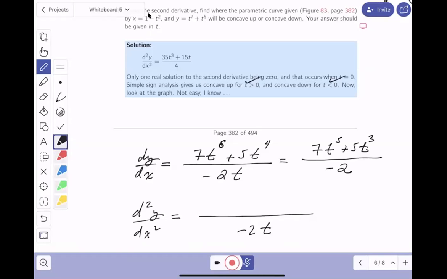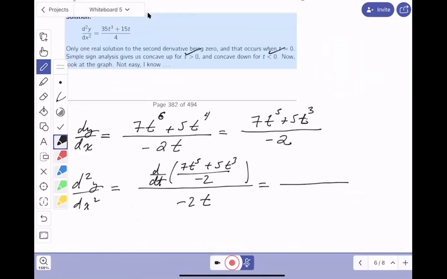And then I got to take the derivative. Let me write this down for you. d/dt of dy/dx. And that's going to be 7t^5 plus 5t^3 over minus 2. Okay. And again, I always find this like I have to think.